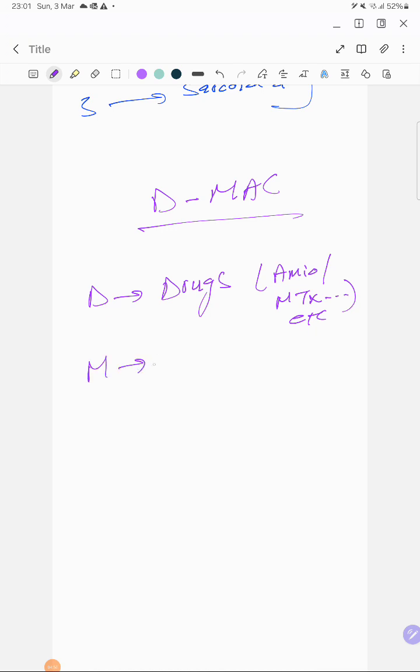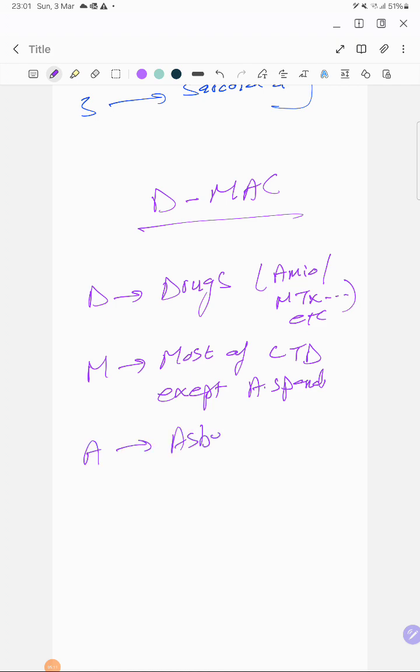M stands for most of the connective tissue disorders, with the exception of ankylosing spondylitis. And A stands for asbestosis.